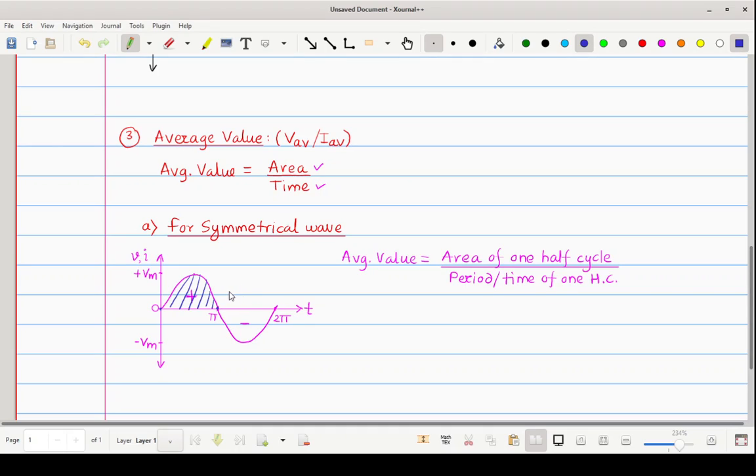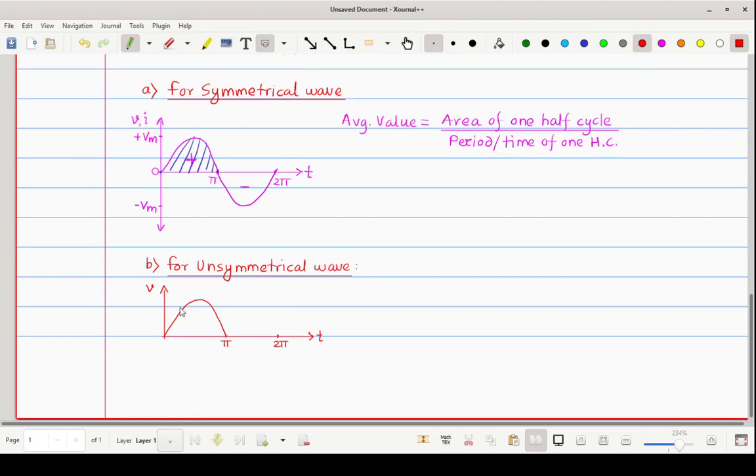Next we will calculate for an unsymmetrical waveform. This is your half wave rectifier output. Only the positive half cycle is present, no negative half cycle, so the area of the positive half cycle is obviously not equal to that of the negative half cycle. This is one example of an unsymmetrical wave. Now we want to calculate the average value for this.